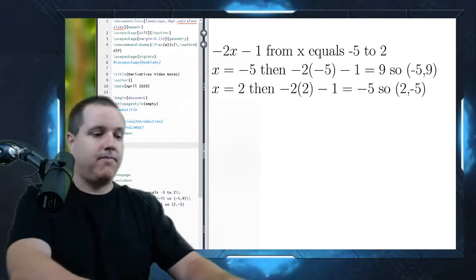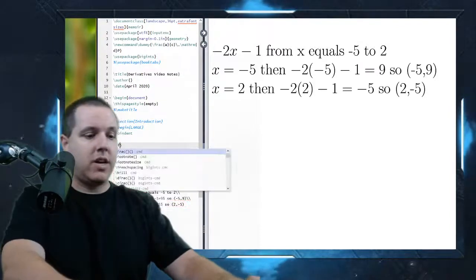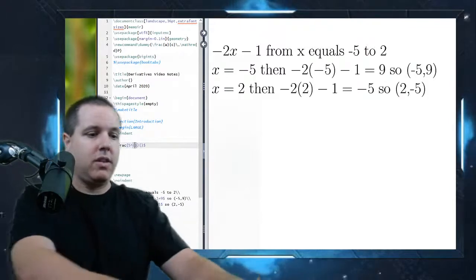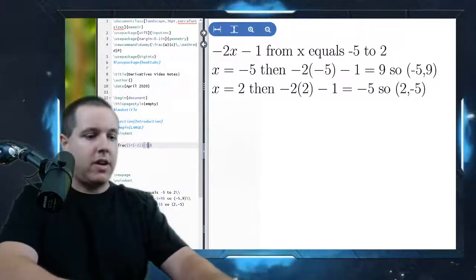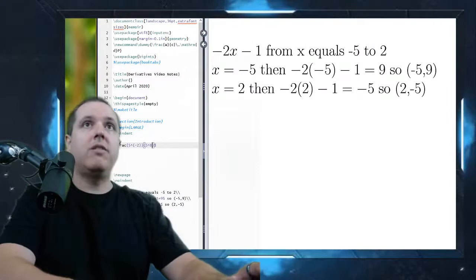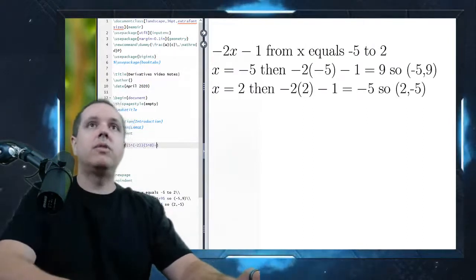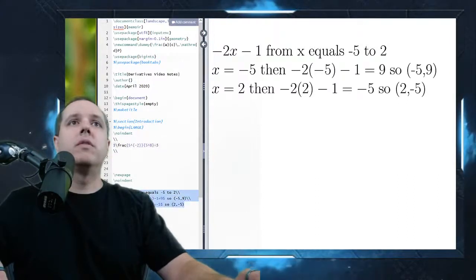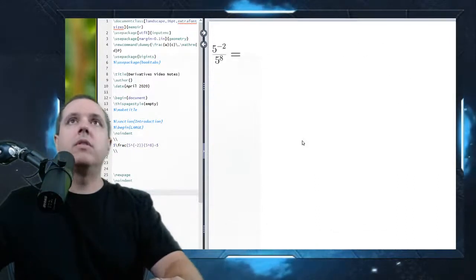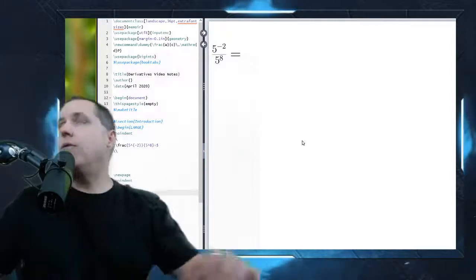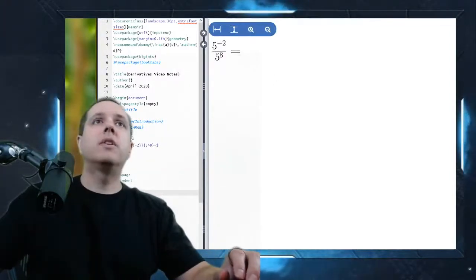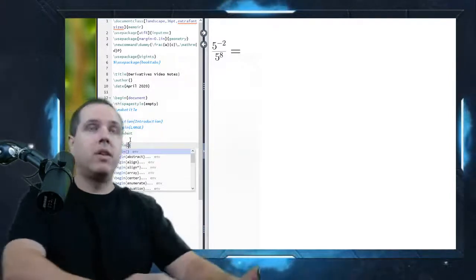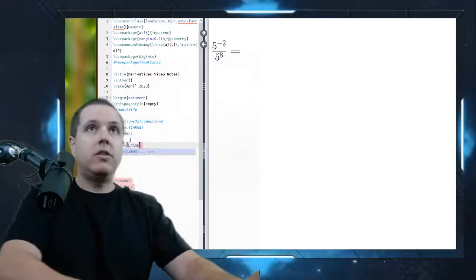So we've got a fraction, which is 5 to the negative 2 over 5 to the 8th equals, here we go, 5 to the negative 2 over 5 to the 8th. Let's make that a little bigger. That's a little small.